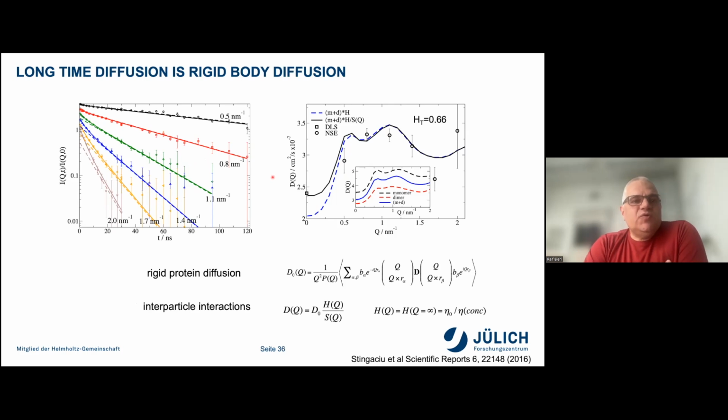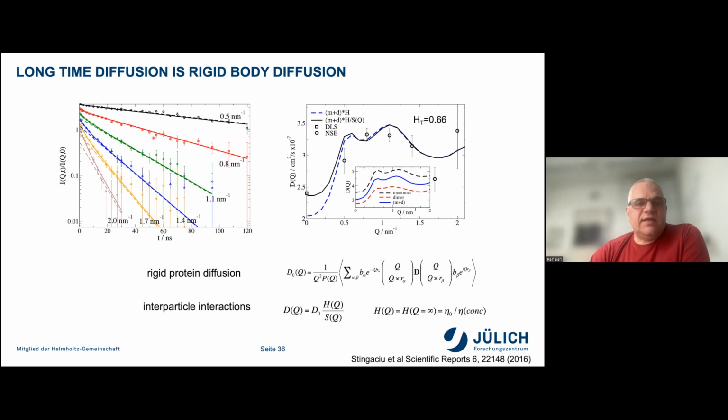Now, if we go to spin echo again, there we see a very nice spectrum that was measured at the Jülich spin echo instrument when it was located in Garching. Olaf Holderer did these measurements. There we see nicely at short times that we have this additional dynamics, and at longer times we see nicely translational and rotational diffusion.